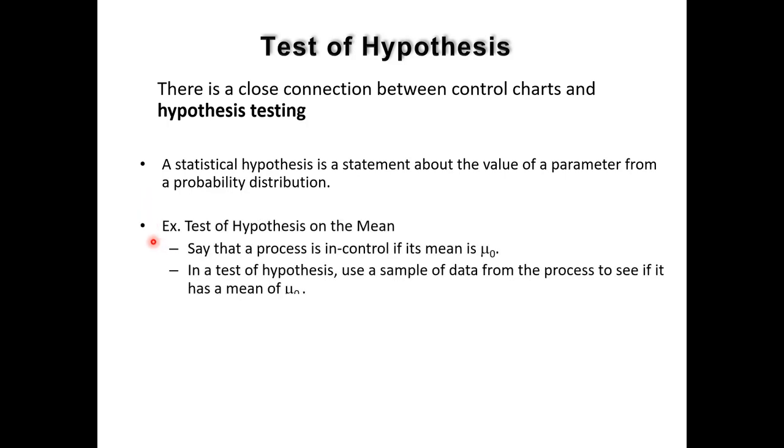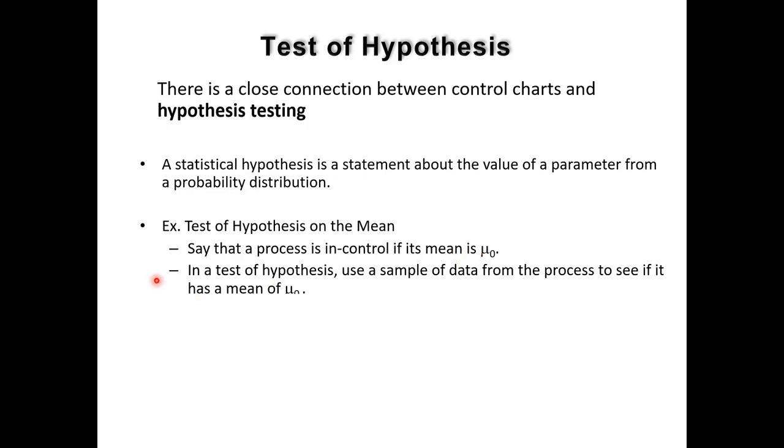For example, in the application of a control chart, we would like to know if the mean is in statistical control or not. So the test hypothesis will be on the mean, and I'm going to say that the process is in control if the sample mean is equal to the process mean or population mean, which is mu naught.